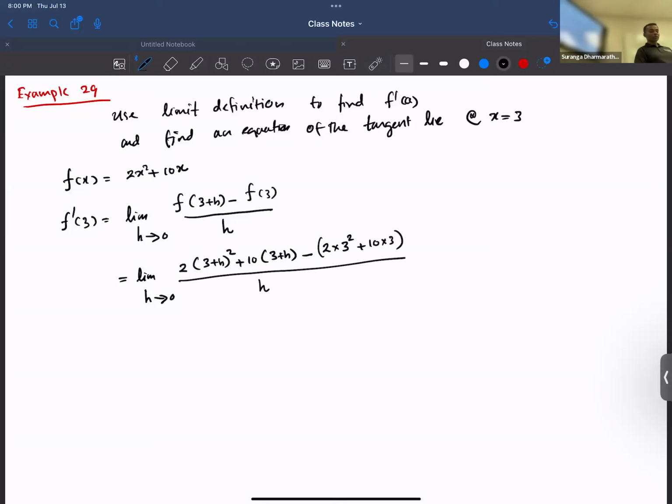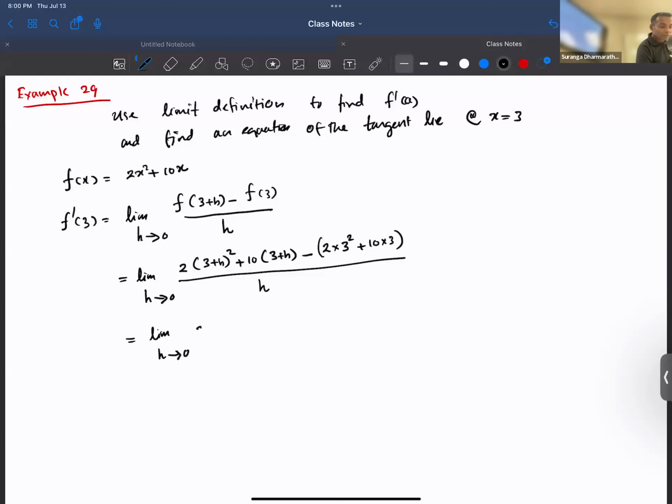Now you have to use your algebra knowledge. This definition is simple, but you need a little bit of algebra to solve this. Now again, a plus b squared type of thing, right?